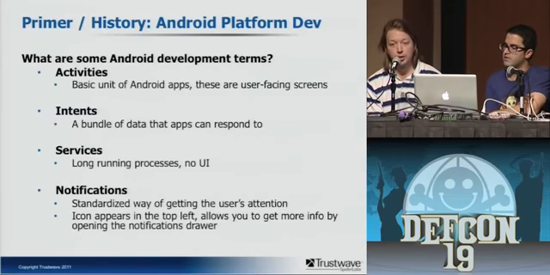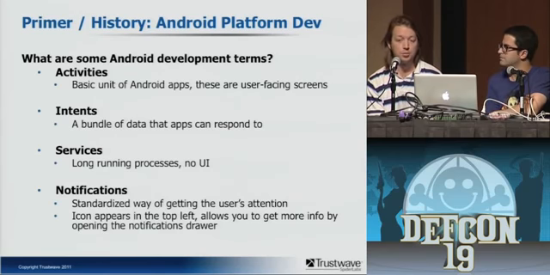When you're developing for Android, there are just a few basic building blocks that you really want to use to put your stuff together. The most basic unit of an Android app is the activity. That's just a screen that sits in front of the user. All the UI that you build is in an activity, and you can bundle up some data in an intent and publish that intent, and other apps can register that they care about that intent, or that type of intent.